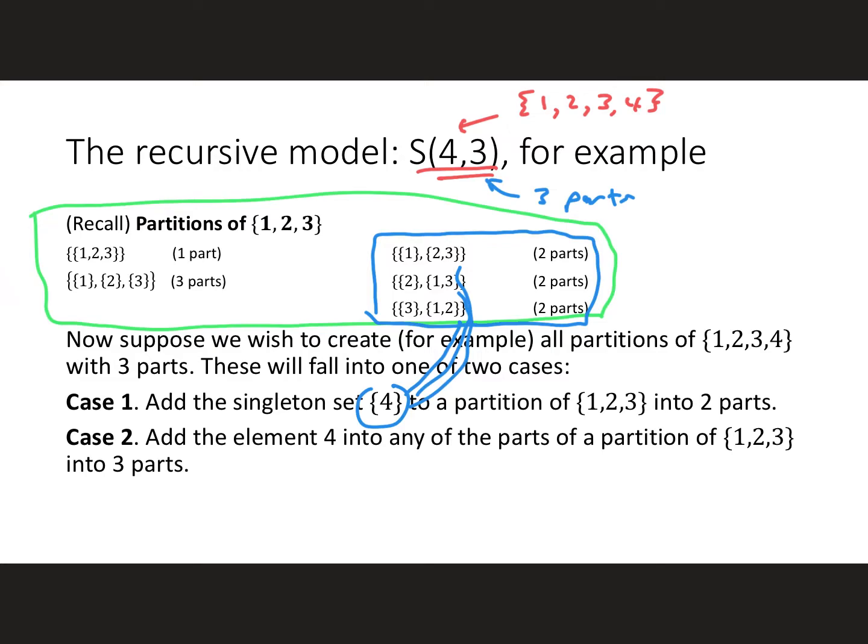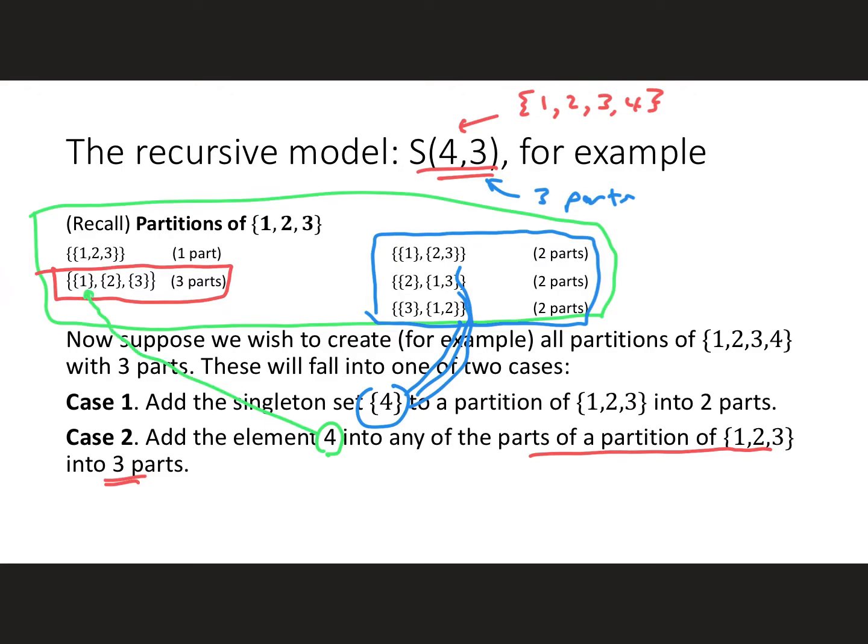Well, I can also form those from the list I have before by looking up here for partitions. Look at partitions of 1, 2, 3 into 3 parts. So this one right here. And then add the element 4 into each of these parts.